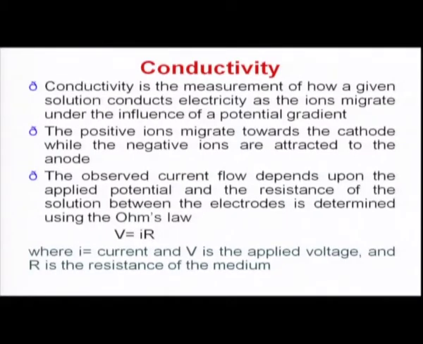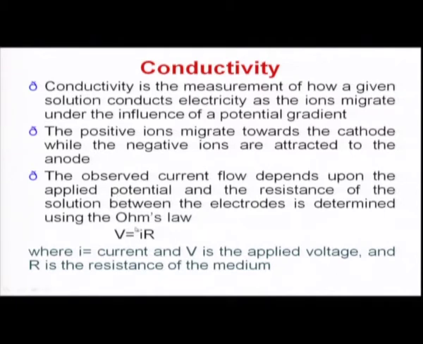Conductivity, as shown in the previous one, a probe is available, and it actually measures the impurities of anions and cations present in the water body. If you insert it, the positive ions migrate towards the cathode, while the negative ions are attracted to the anode, and because of this a current flows due to the applied potential, and the resistance of the solution is measured.